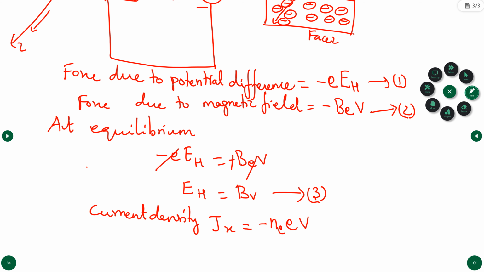From this you can write V is equal to minus Jx by Ne. So we got the value for V. Now substitute equation 4 in 3.